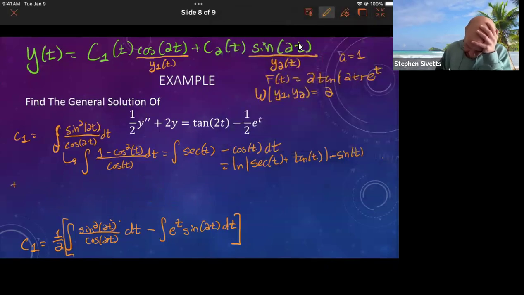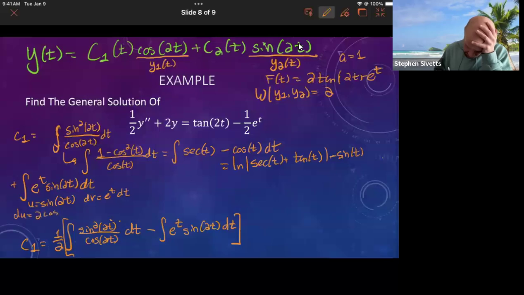So this integral, e to the t sine 2t dt. If I let u equal sine 2t and dv as e to the t dt, then du is 2 cosine 2t, and v is equal to e to the t.